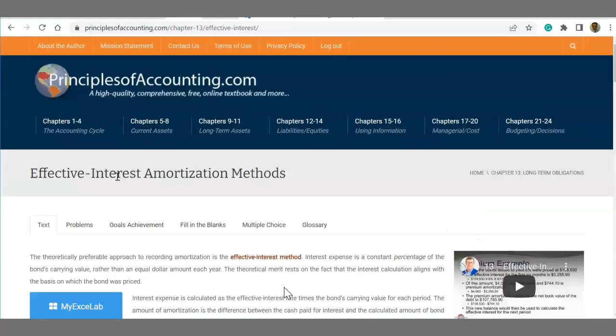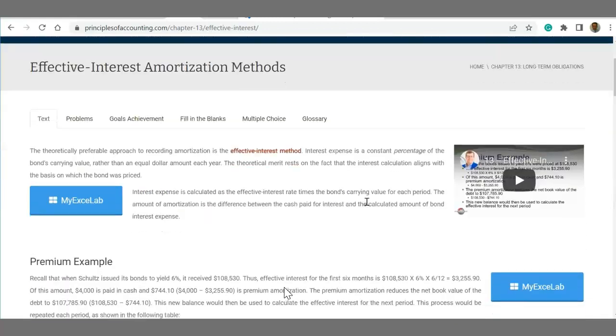Okay, now this is where GAAP says, I don't like that straight line method because it's not reflecting the true interest expense for the bond. So it's better to use the effective interest method, because for a big amount of bonds, there will be a significant difference in how much interest expense the company is going to recognize every year.